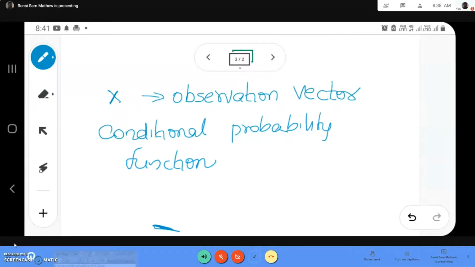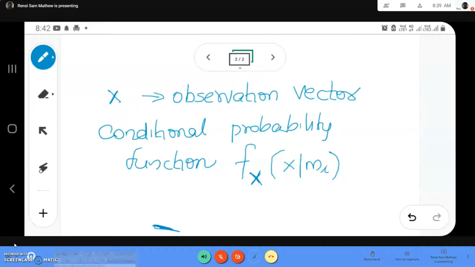Since it is a vector, we write it as f of bold x, such that you receive x given mi. You are transmitting the symbol mi and receiving x.